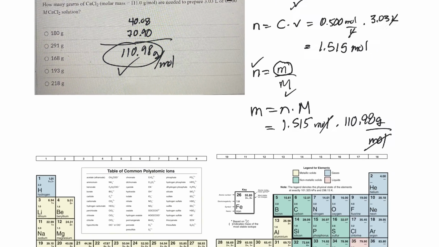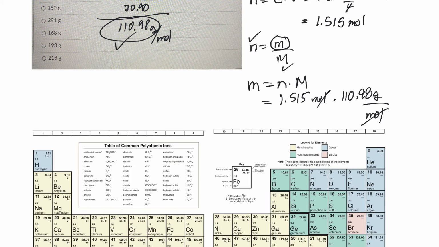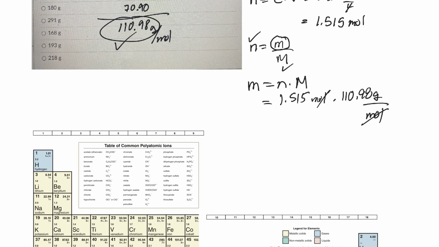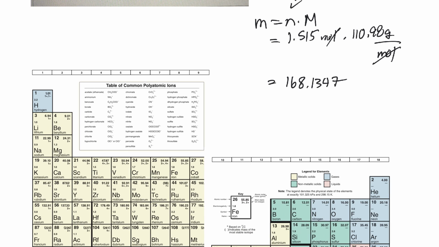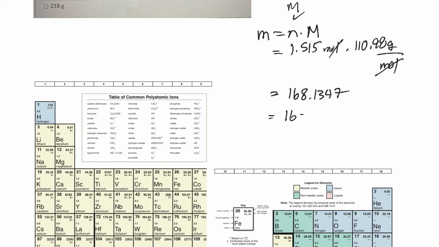These cancel. And so I multiply. So the answer I just got times 110.98 equals 168.1347. 3 sig figs everywhere. So I'm calling that 168 grams.